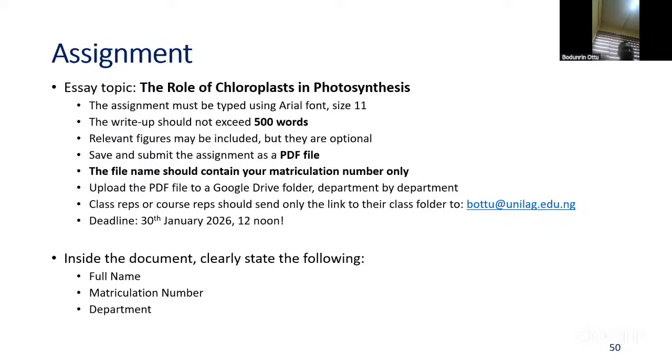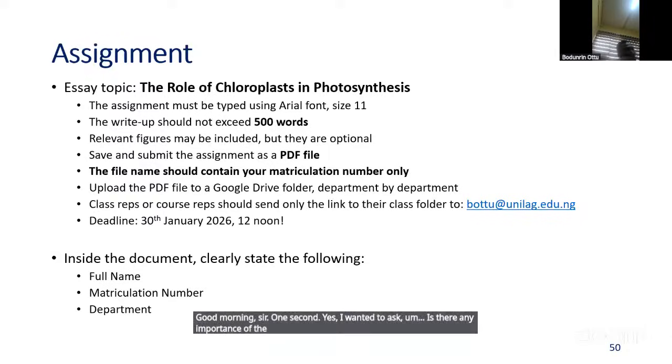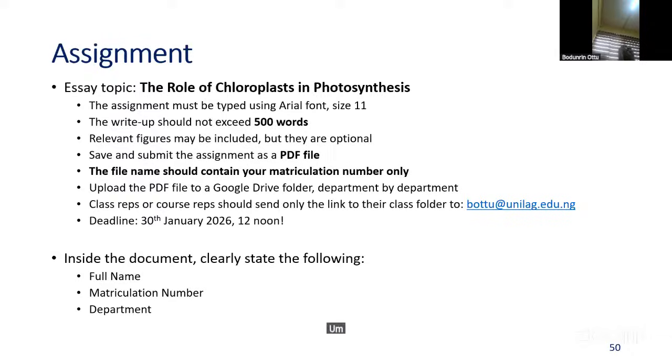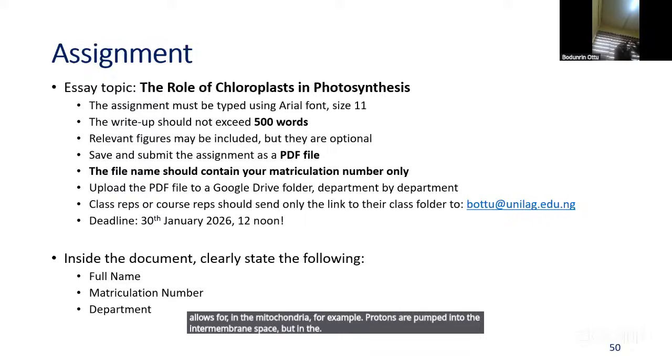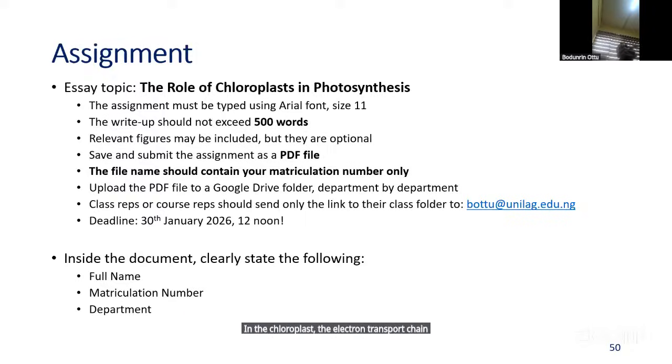Good morning, sir. So I wanted to ask, is there any importance of the intermembrane space in the chloroplast? Well, there should be. In the mitochondria, for example, the electron transport chain allows protons to be pumped into the intermembrane space, but in the chloroplast, the electron transport chain doesn't occur in the inner membrane.